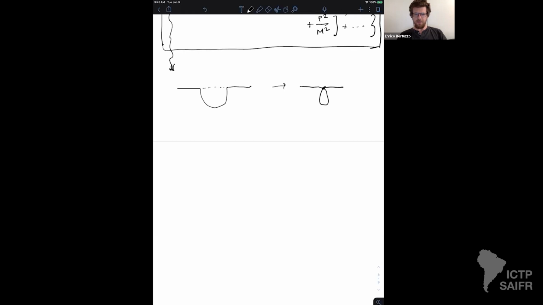But it seems like we have a power law divergence, which is 0 in dimensional regularization. Yes, excellent. Exactly. So this is one of the crucial reasons why we use dimensional regularization as opposed to, say, a cutoff regularization. There are many others, as I mentioned, gauge invariance and so on.